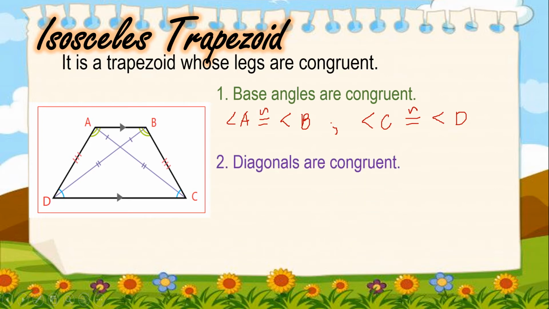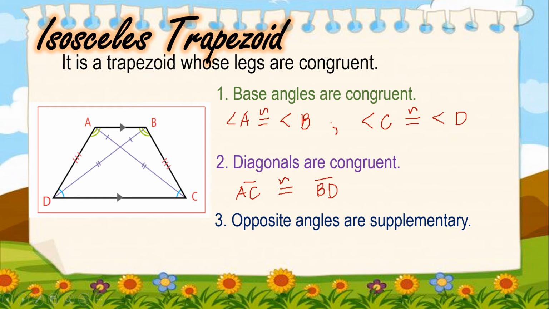Next, diagonals of an isosceles trapezoid are congruent. So we can say that diagonal AC is congruent to diagonal BD. Next, opposite angles are supplementary.